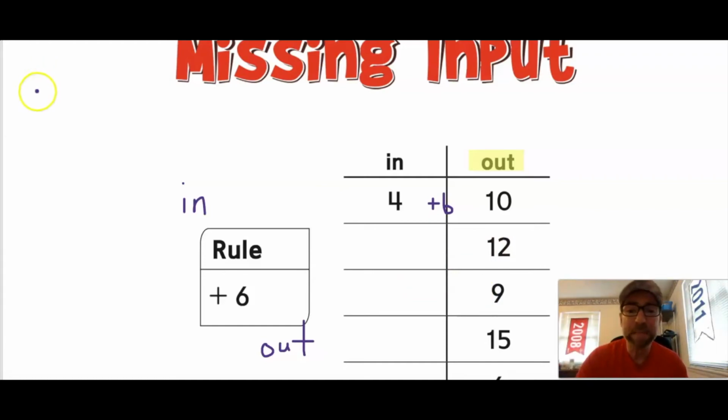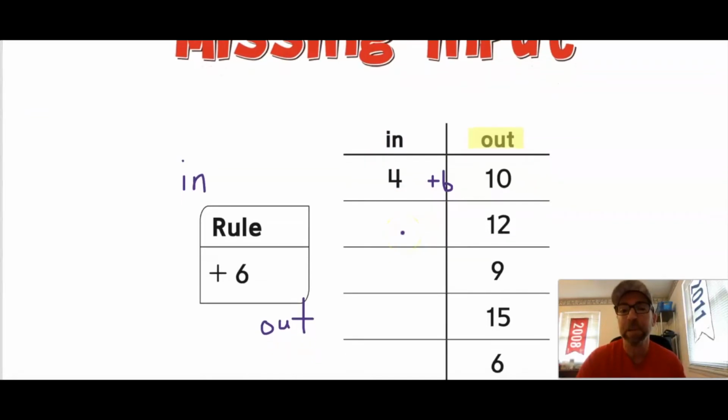So now I'm missing an in box here. I don't have my in number, but I know my rule is plus 6. So I have to think, what number can I start with that when I add 6, I get 12? Well, the opposite of adding 6 is subtracting 6.